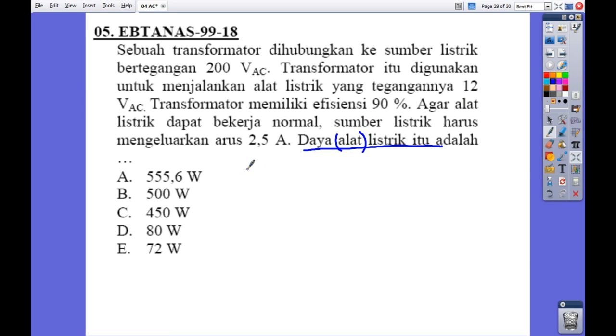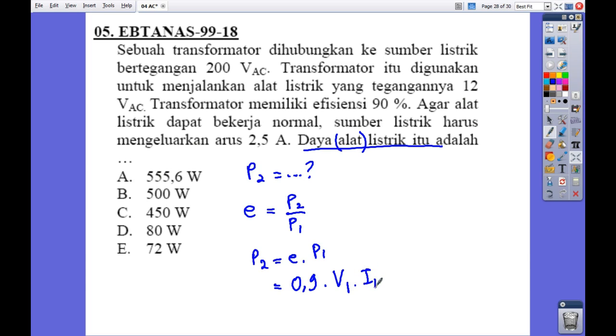So to find P2, actually, to find P2, we can use the efficiency formula, P2 over P1. So P2 is actually efficiency times P1. Efficiency 0.9, voltage 1 times I1.